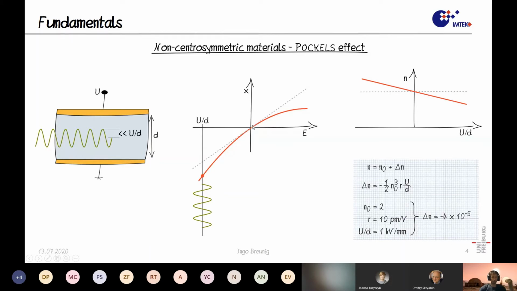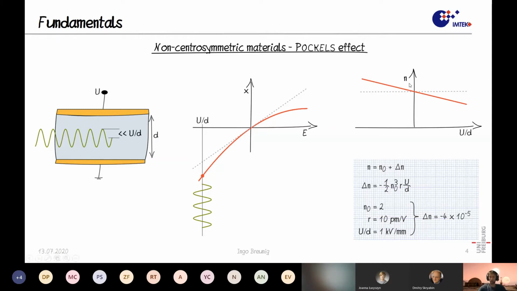The refractive index is proportional to the slope of this function. So that means the light field believes that it is in a material with a larger refractive index, right? If we go to positive electric fields on the other side, then our light field believes that it is in a material with a lower refractive index.